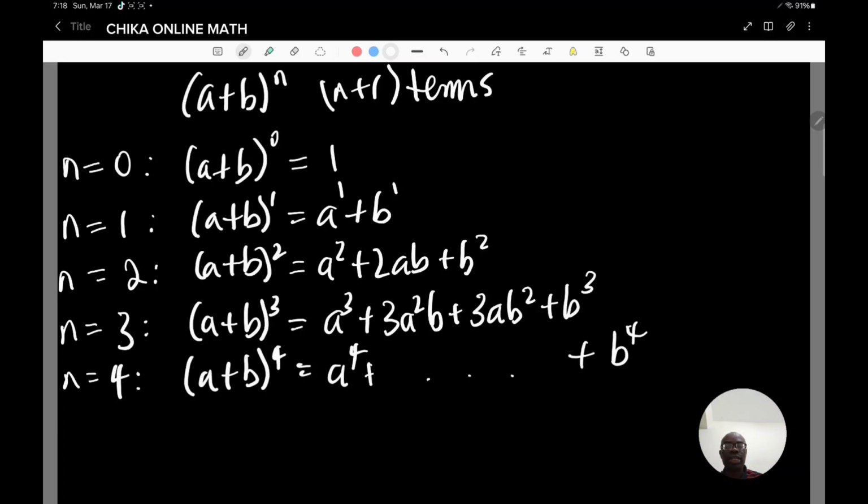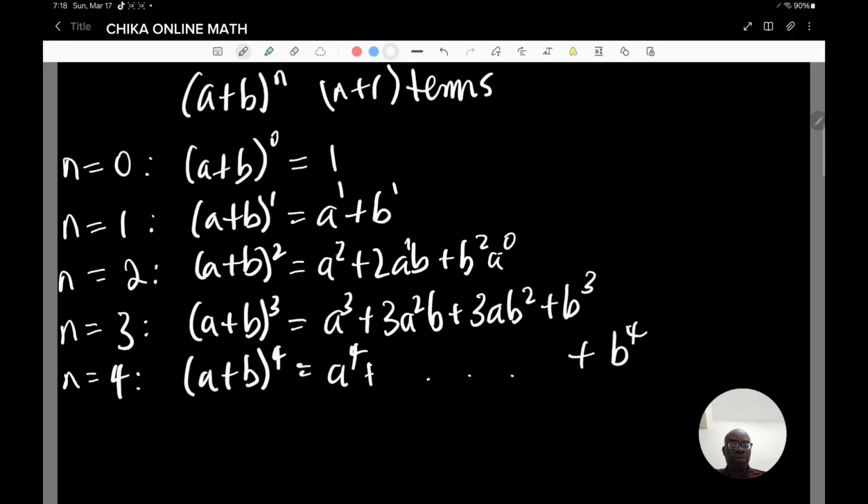Now notice another thing. For a plus b squared, for instance, it starts with a squared, then the next power of a is a, or a raised to power 1. Then in the third term, which is b squared, you can say it is b squared times a raised to power 0.